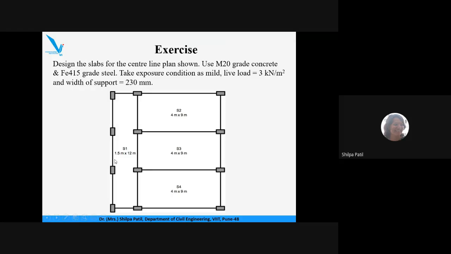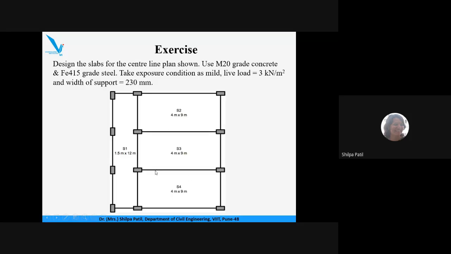It is 1.5 meter by 12 meter. Normally such slabs we cast above the passage area. Then the second slab has a dimension of 4 meter by 9 meter. Third and fourth are also having the same dimension.